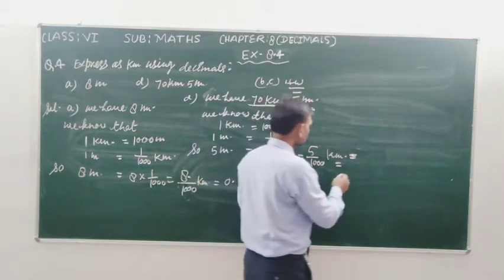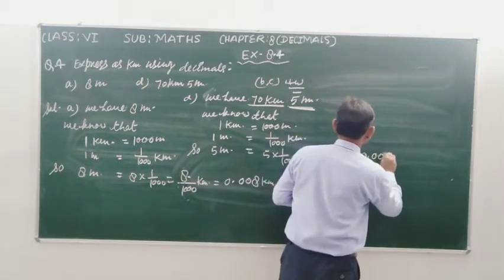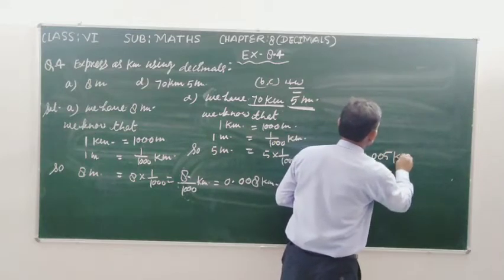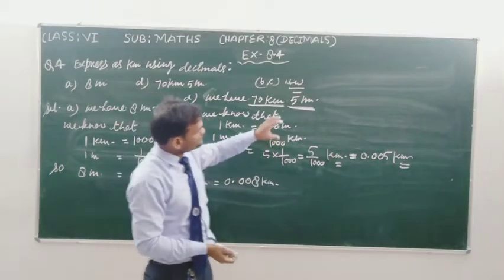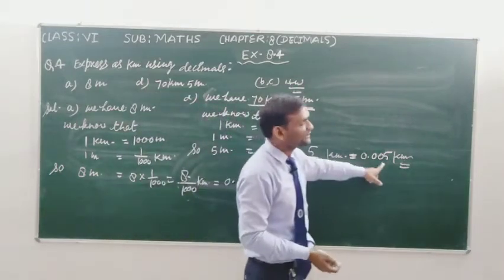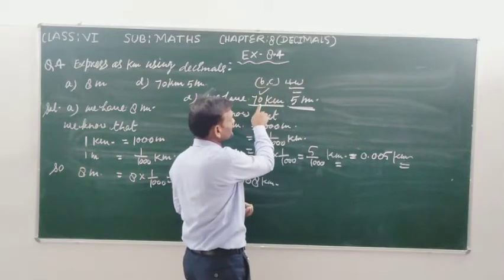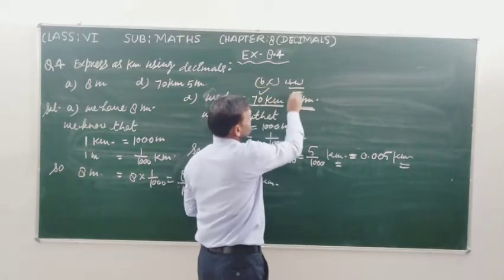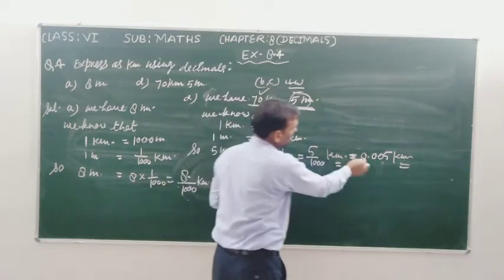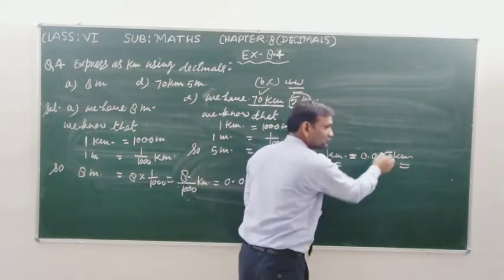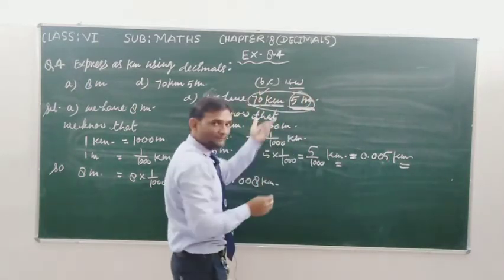So we write the answer 0.005 kilometer. It means you have changed 5 meter in kilometer. Now this other value is already given in kilometer. So we add 70 kilometer and 0.005 kilometer together. It means we have changed both values in kilometer.